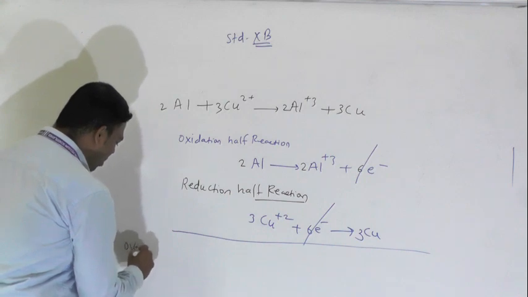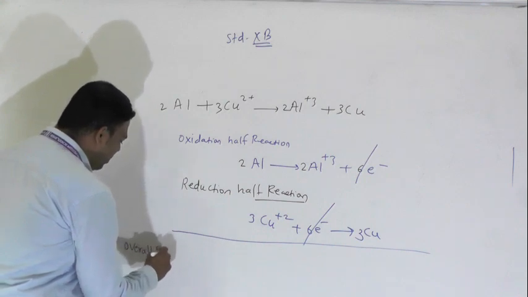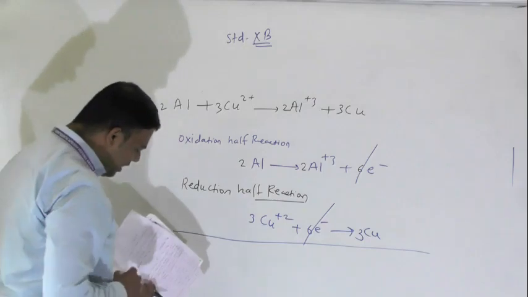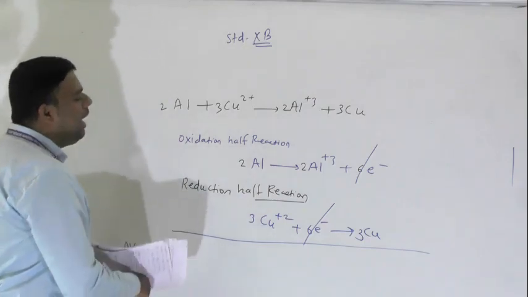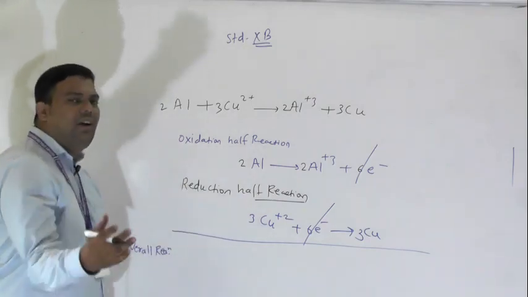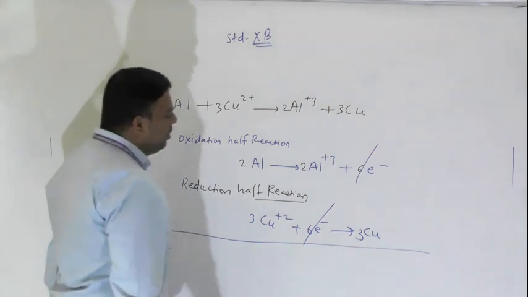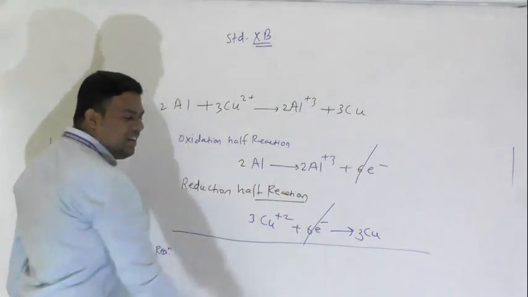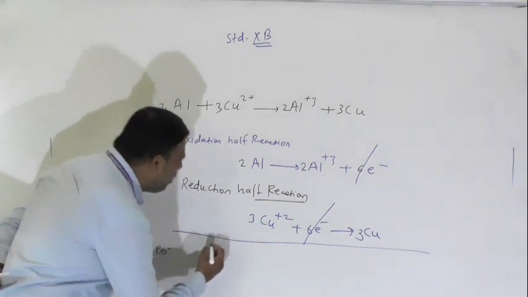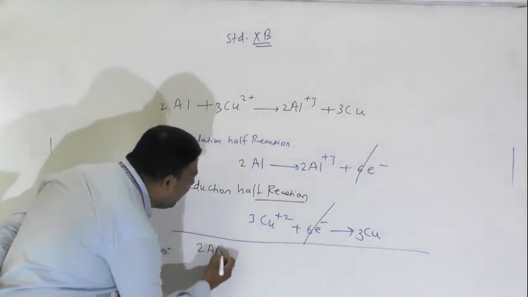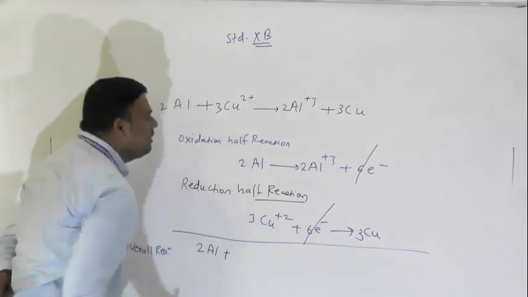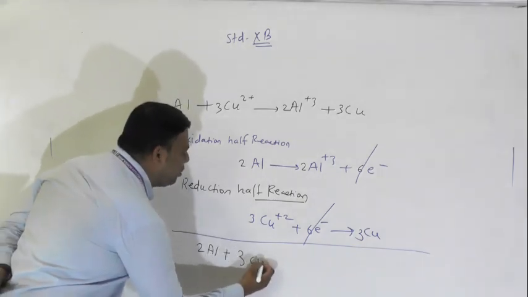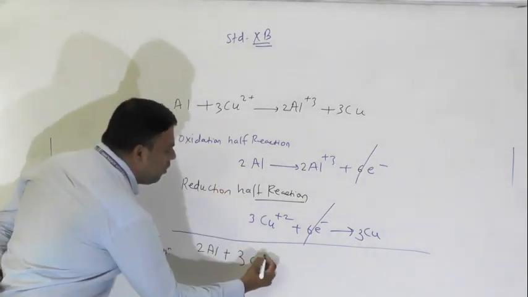That overall reaction is of a higher standard, but as an additional concept you concentrate here. So 6 electrons cancel out each other. So what will you get? 2Al + 3Cu2+.